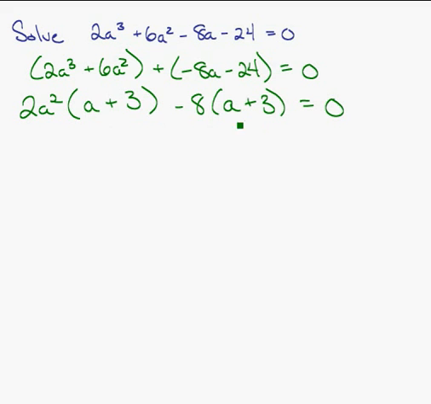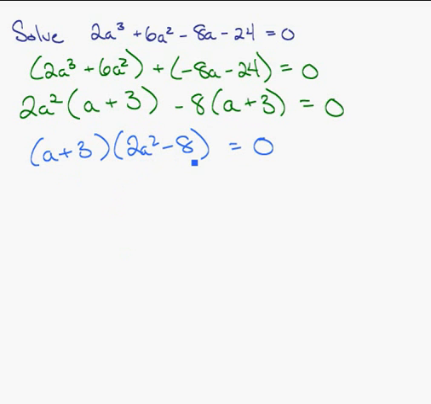So I have an a plus 3 in common with both of these factors, and I'm going to pull that out. What that leaves me with is 2a squared minus 8. Now you don't just stop there and solve. You see if you can factor out any more, in which case I can.